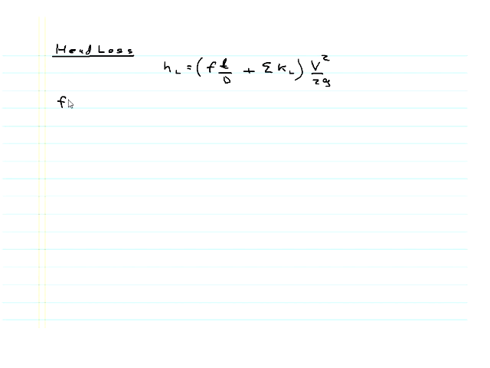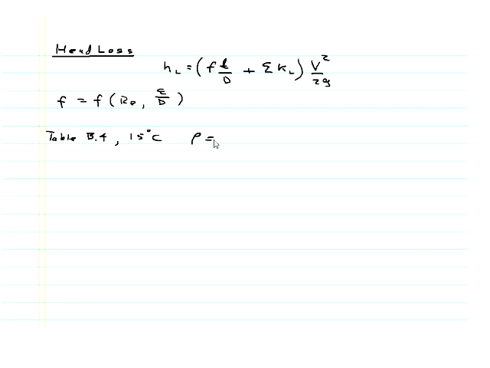The friction factor is a function of the Reynolds number and the relative roughness of the pipes. To compute the Reynolds number, we need the properties of air. We'll use table B4, and we'll pick the temperature at 15 degrees Celsius.